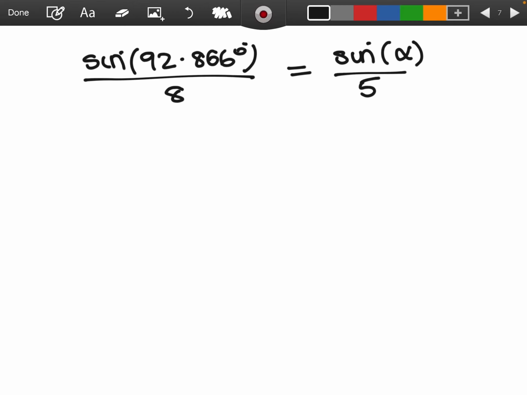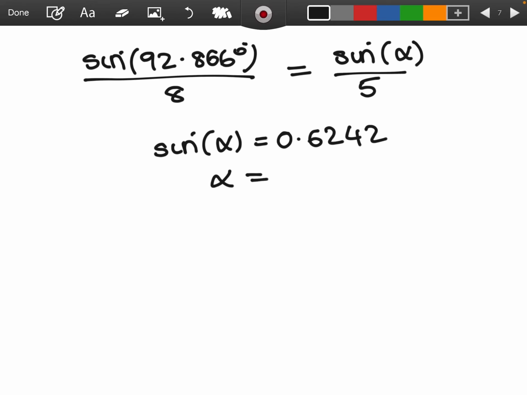Then by plugging this into a calculator, you find sine of 92.866 degrees. You divide that by 8 and then multiply by 5, and that should give you that sine of alpha is equal to 0.6242. So when you do sine inverse here, alpha is going to equal 38.625 degrees.